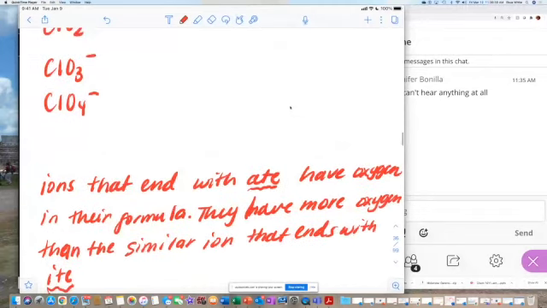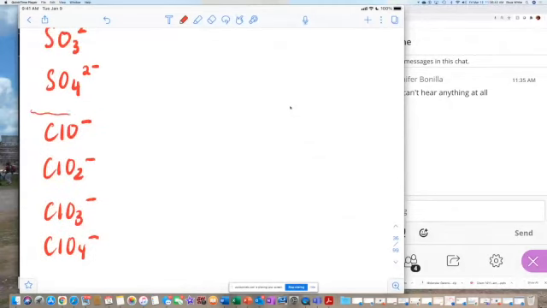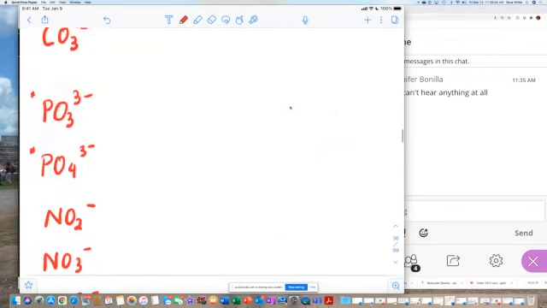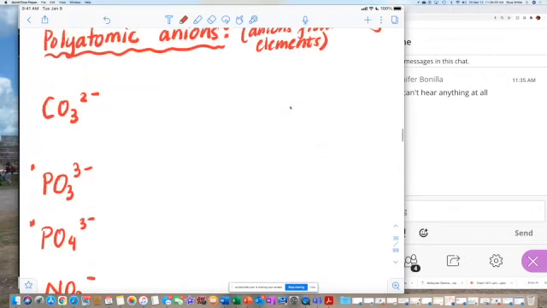Okay. So as we go through this, I will do this one last because this set of four is very unique. I'm going to write the stem words first, like we had before. This is the stem word, and this is the anion name. The stem word for carbon is going to be carb.